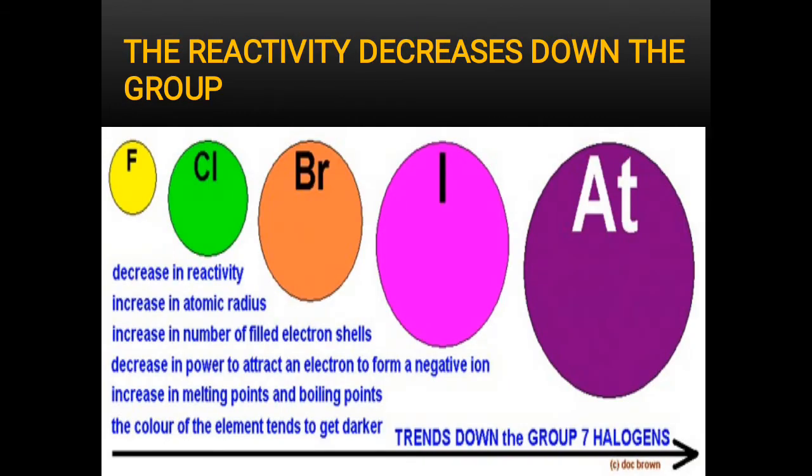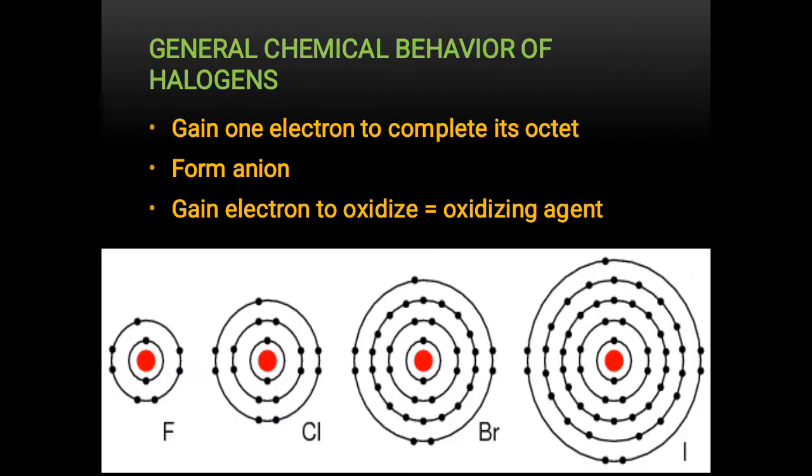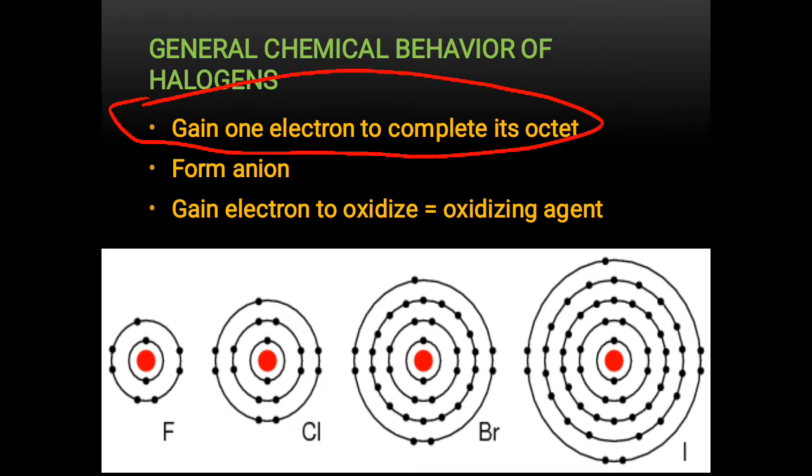Okay, now we see, after discussing detailed physical properties, now we come to reactivity. The chemical reactivity is decreasing down the group. But why is this happening? Because whenever halogens react, they react by gaining an electron to complete their octet.